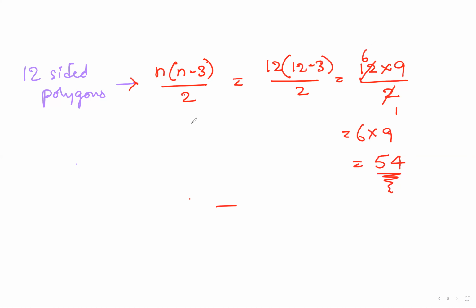So please remember the formula. The formula for number of diagonals is equal to n into n minus 3 by 2. Okay, give me 1 second. Yes, students. See, whenever you get new points and a revision of this kind, you write it in your notebook.